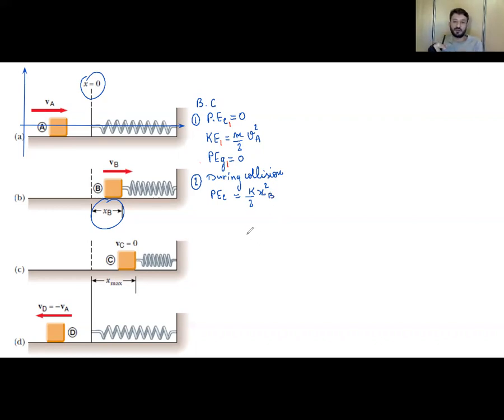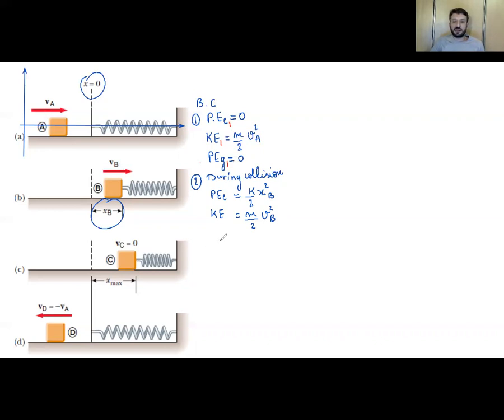About the mass m, do we have velocity? Yes, we have velocity, so we have kinetic energy. In state 2, kinetic energy equals half m vb squared.